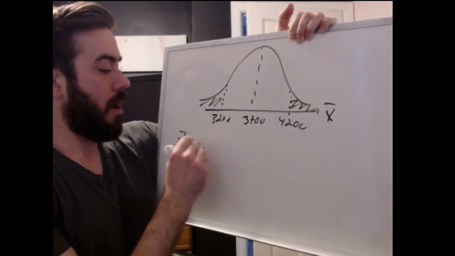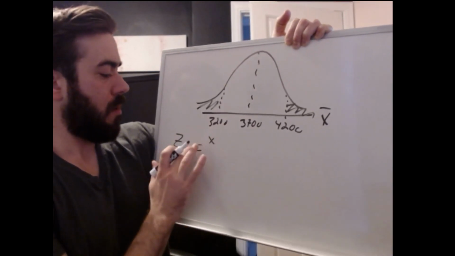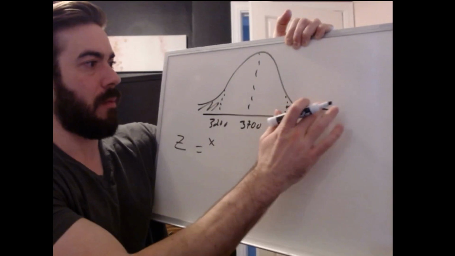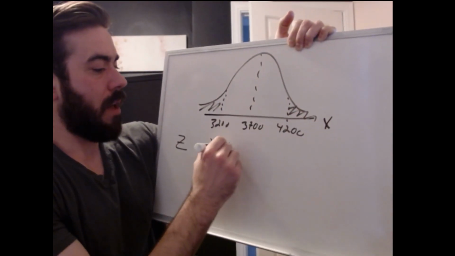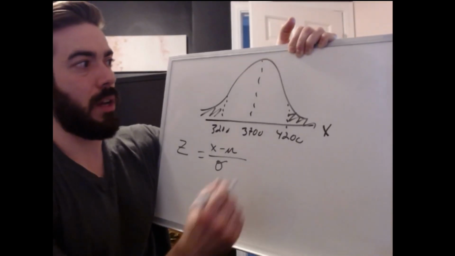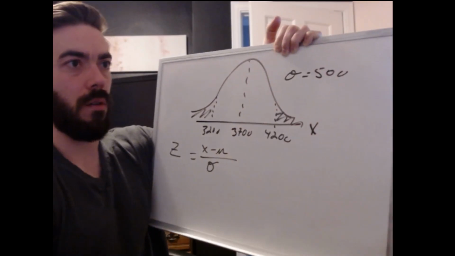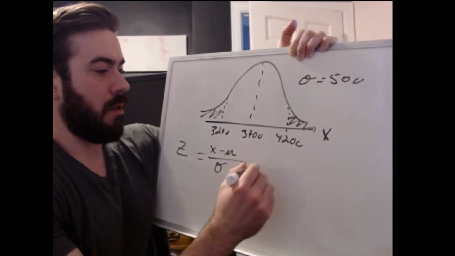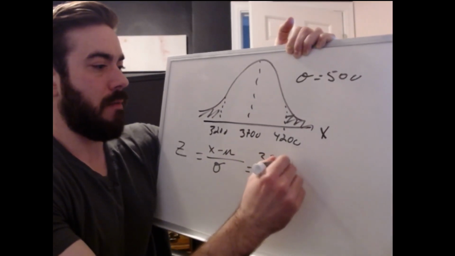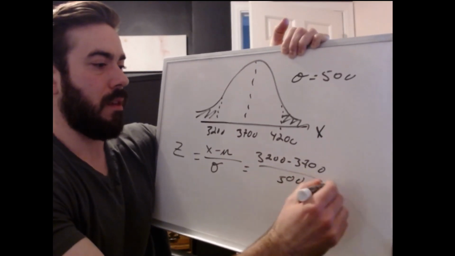The equation we have is, actually we're not dealing with sampling, we're just dealing with the data. We take the value we're interested in, subtract the mean, divide by the standard deviation. The standard deviation we had up here was the square root of 250,000, or 500. So 3,200 minus 3,700 over 500 equals negative.